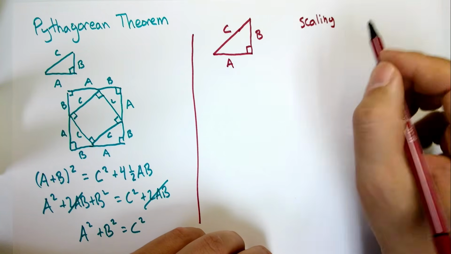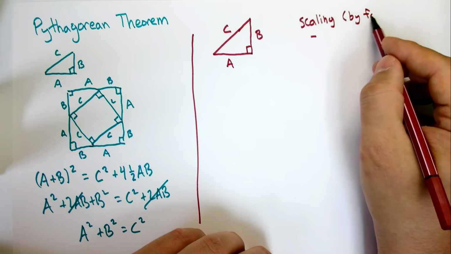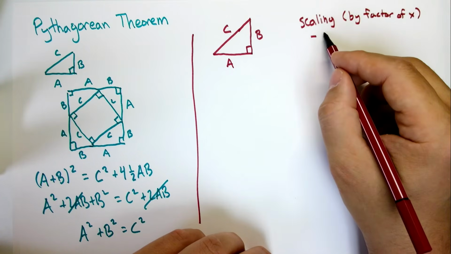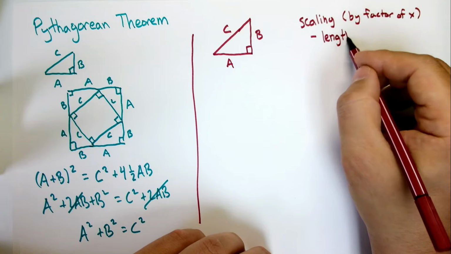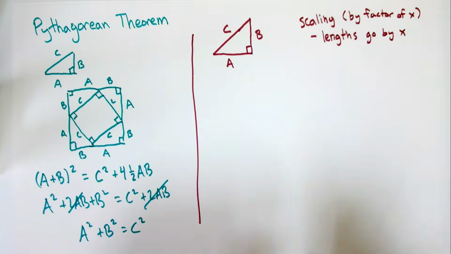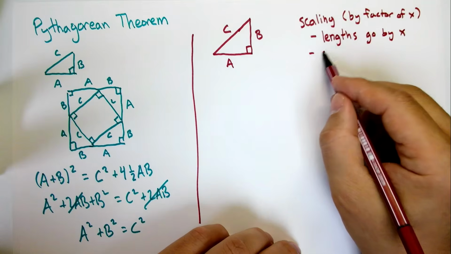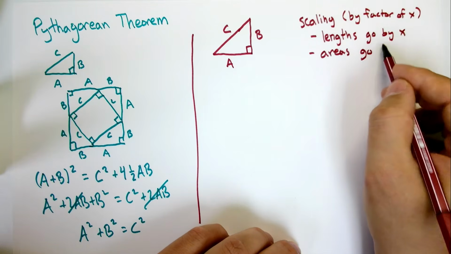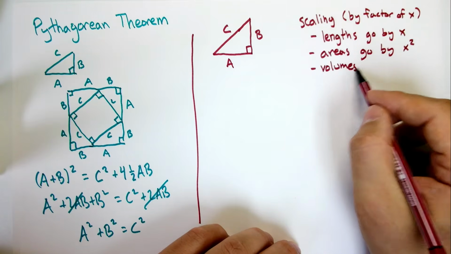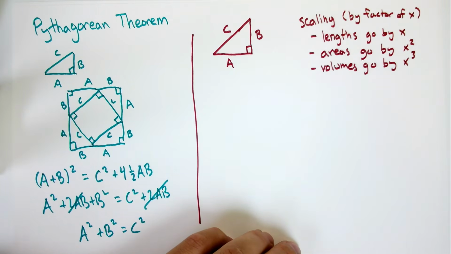So we know if we scale by a factor of, let's call it x for now, the lengths go by x. So if I have a length 2, and I scale it by x, it's now 2x. The areas go up by a factor of x squared. If we had volumes, which we don't, but we might as well say it, they go up by a factor of x cubed.